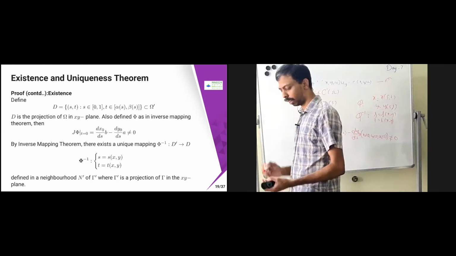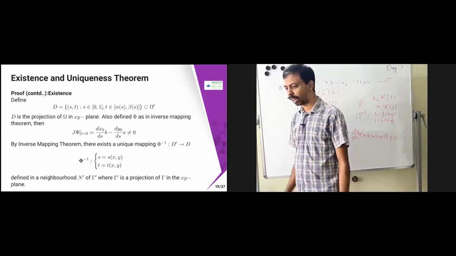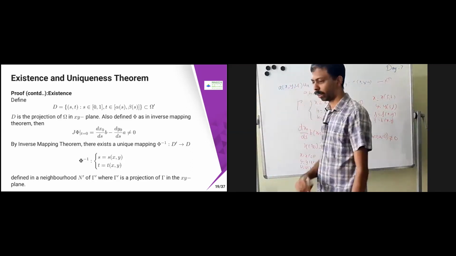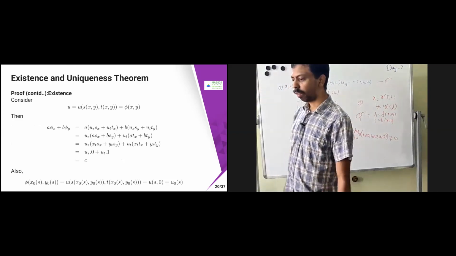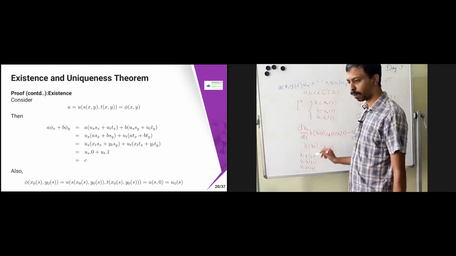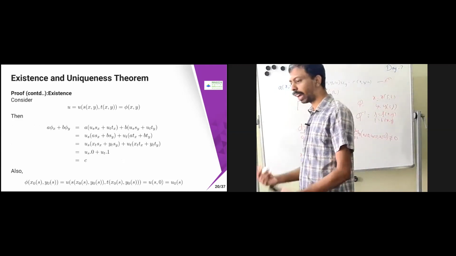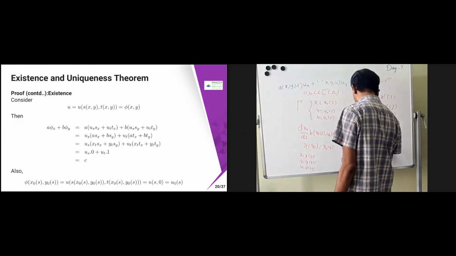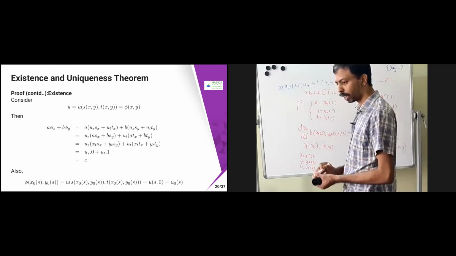So these are the things. Then by the inverse mapping theorem, this is going to be defined on a neighborhood N dash of gamma dash, where gamma dash is the projection of gamma in the xy plane. Now, almost the last line, we are done. u is a function of x comma y, which I am trying to write in terms of s of x comma y and t of x comma y. So I can write u equal to u of s of x comma y, t of x comma y, which is a function of pi of x comma y.